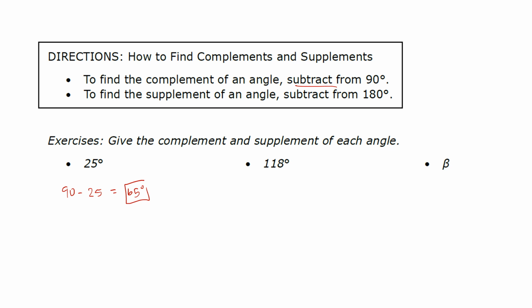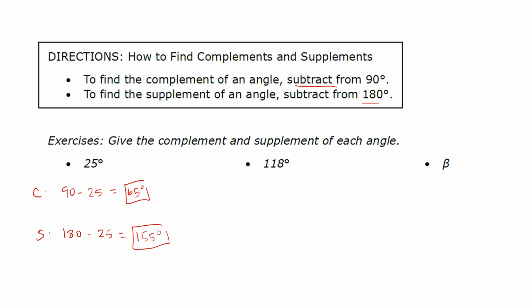To find the supplement of 25, we're going to subtract from 180 degrees. So 180 minus 25 equals 155 degrees. Okay, so we found the complement, I'll just label this C, and we found the supplement.